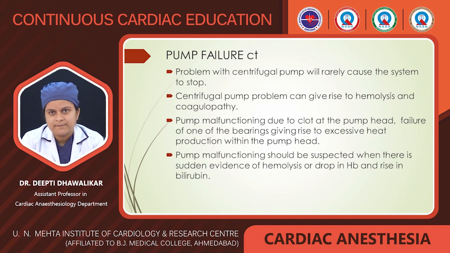A problem with the centrifugal pump will rarely cause the system to stop. The centrifugal pump problem can give rise to hemolysis and coagulopathy. Pump malfunctioning due to clot at the pump head or failure of one of the bearings gives rise to excessive heat production within the pump head, which again will lead to hemolysis. Pump malfunctioning should be suspected when there is sudden evidence of hemolysis, a drop in the hemoglobin, or rise in bilirubin.